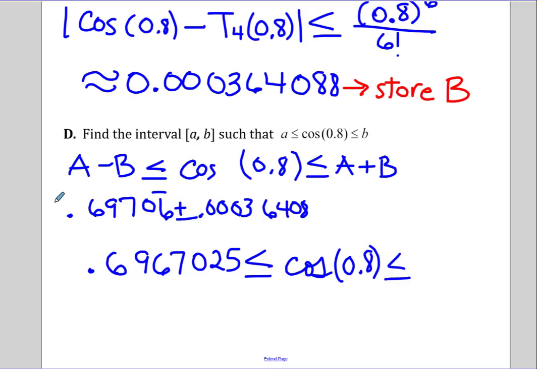Let's add them this time. So first we're subtracting them, then we're adding them. And this would be 0.697430075. So the actual cosine is between this value and this value.